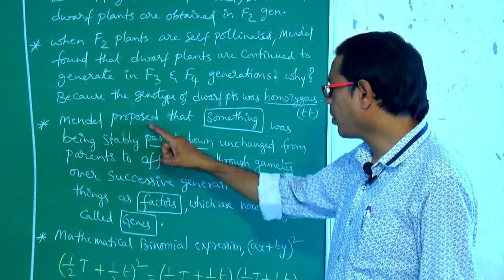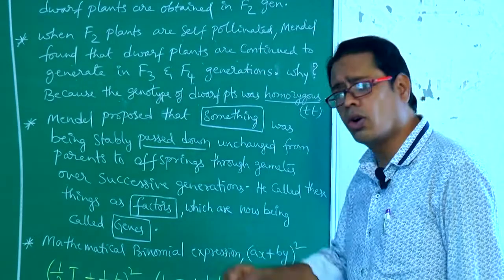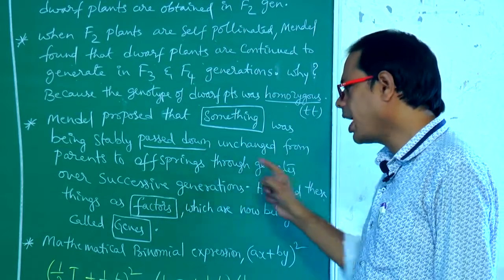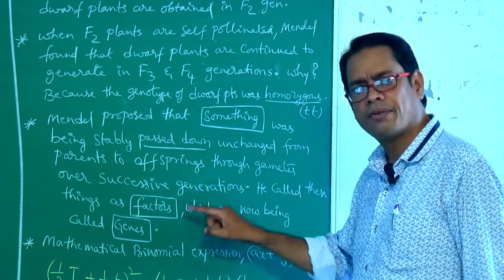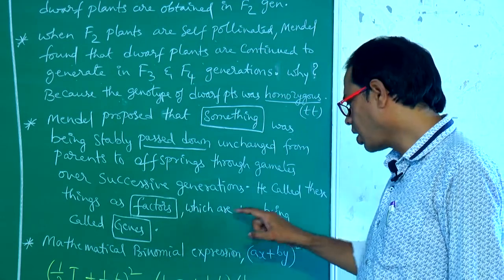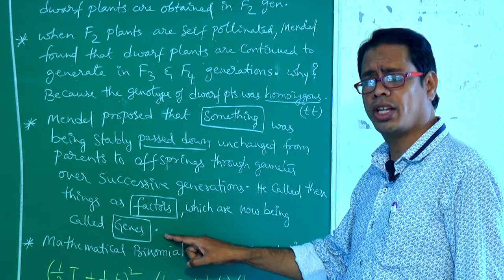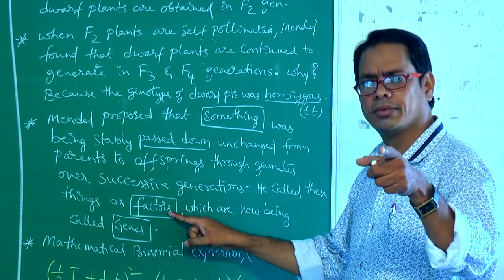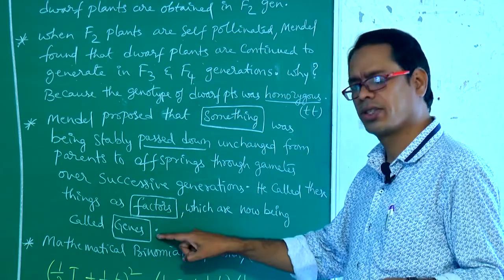See, Mendel proposed that something was being stably passed down, unchanged, from parents to offspring through gametes over successive generations. He called these things factors, which are now called genes. Factors, this word was given by Mendel, and nowadays these factors are called genes.